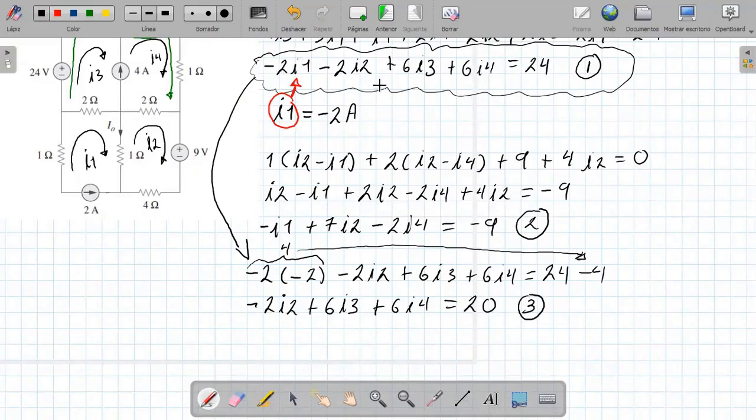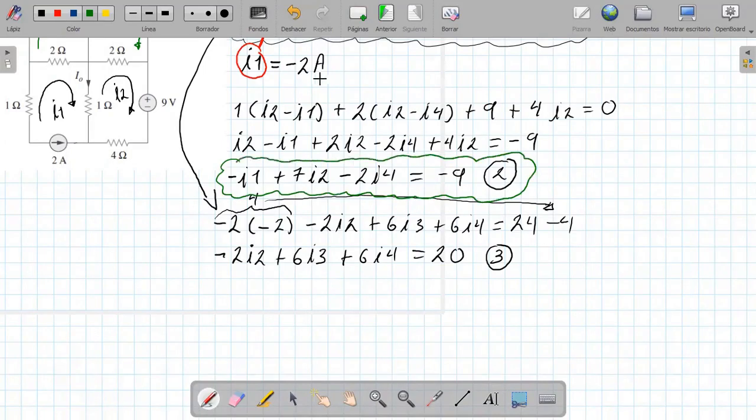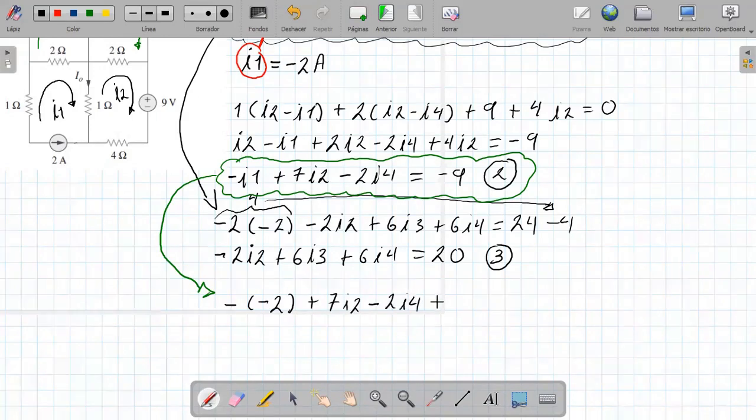I reduced this equation, so here there were 1, 2, 3, 4 variables; left with 3 variables I have I2, I3 and I4. Now from this equation 2 I also have a current I1 that I am also going to replace. I'm going to replace it with the I1 and I'm going to put it down here, so minus I1 is minus I1 is minus 2. Plus 7 I2 minus 2 I4 equals minus 9.